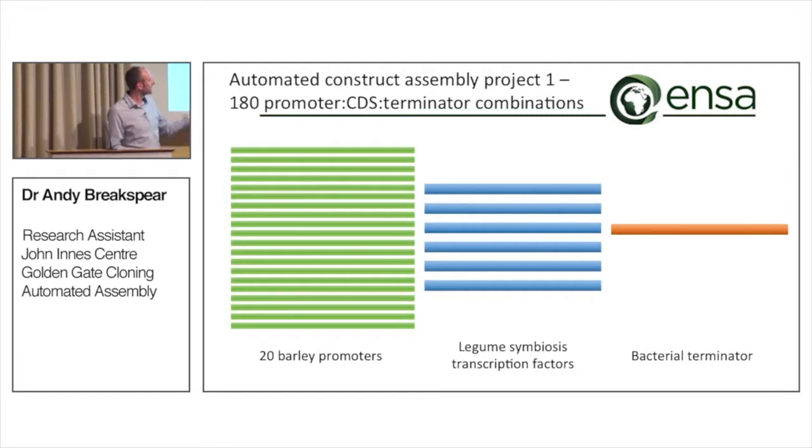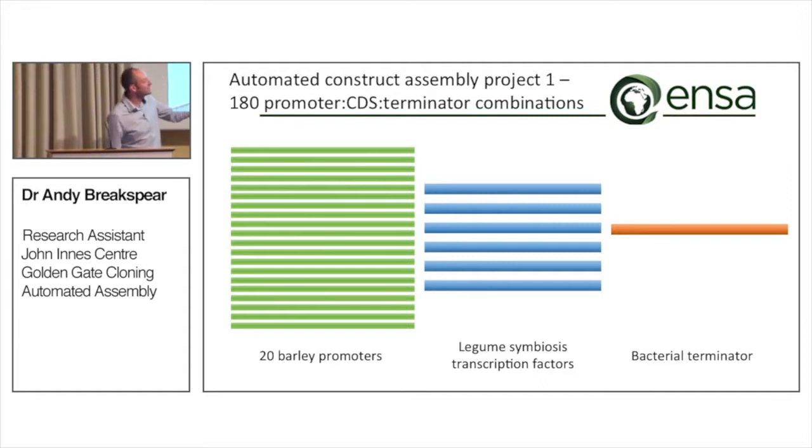But in order to get correct expression of these genes, we need the correct barley promoter. We found it very difficult to find suitable promoters, so really it's a case of trial and error to tailor the expression of these transcription factors correctly. And so this was our first experiment.